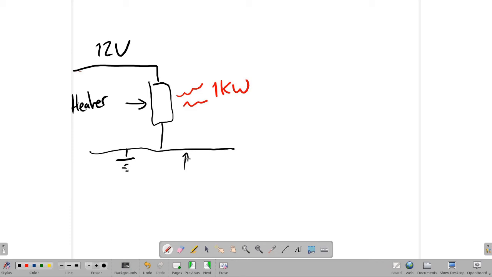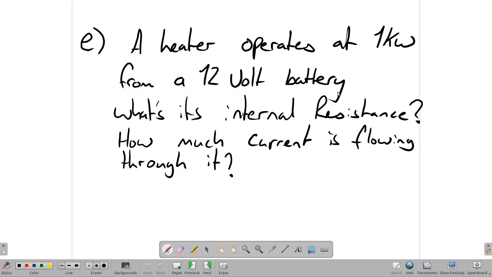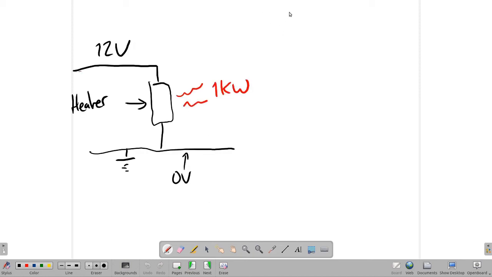What do we want to find? We want to find its internal resistance. So we know P equals IV, V equals IR. Same rearrangement again: V over R gives us our I, and we can sub it back in.